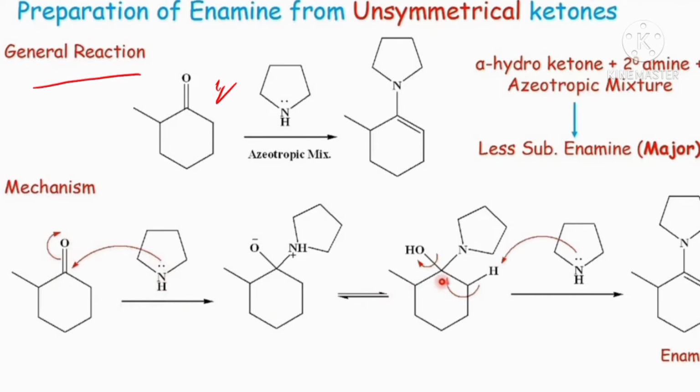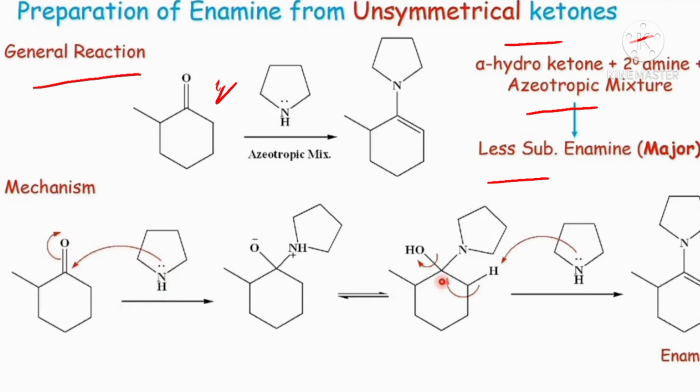Here the alpha hydroketone reacts with a secondary amine in the presence of an azeotropic mixture and forms the less substituted enamine. Okay, here in this reaction two products are formed. First one is the less substituted enamine and the second one is the more substituted enamine.